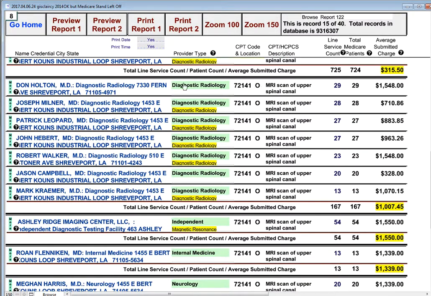But what happens if these radiologists bill from an office setting? Keep in mind, office settings can have different definitions, but the range of the charges seems unexplainable.